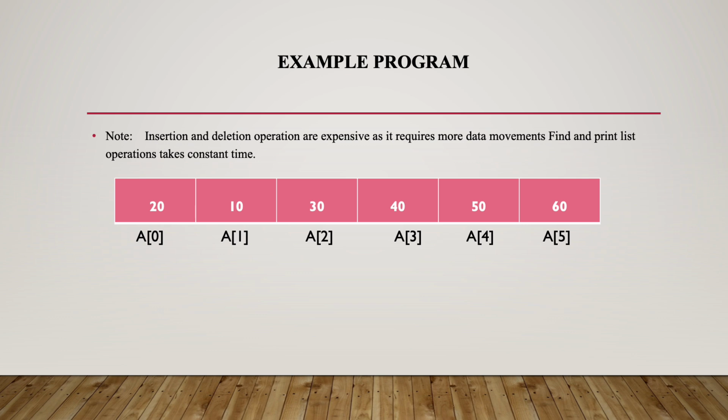These values are kept next to each other in memory. Because of this, we can quickly find any value if we know its index number, which makes arrays really fast when we want to access elements directly.